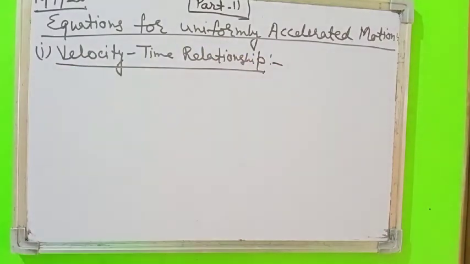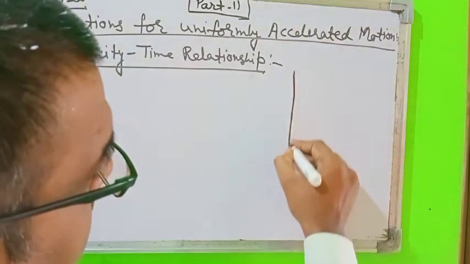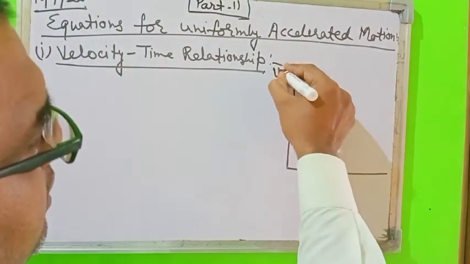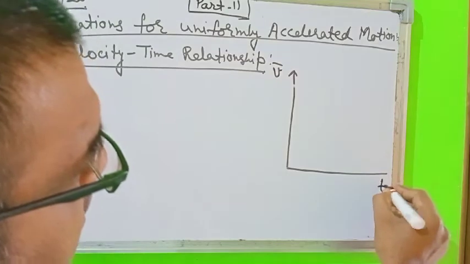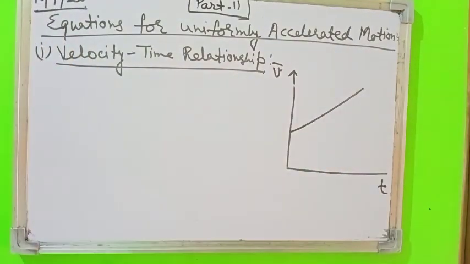Velocity time relationship. First we will draw the graph. Here we have taken velocity. Look here, students.